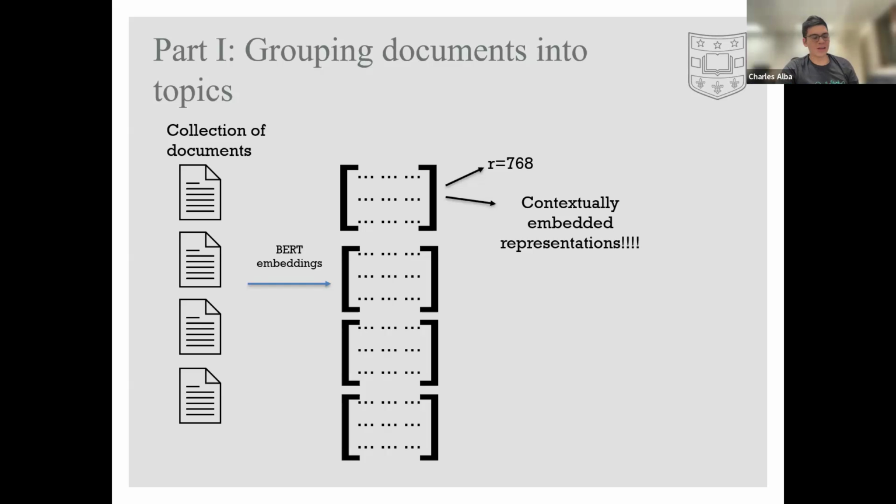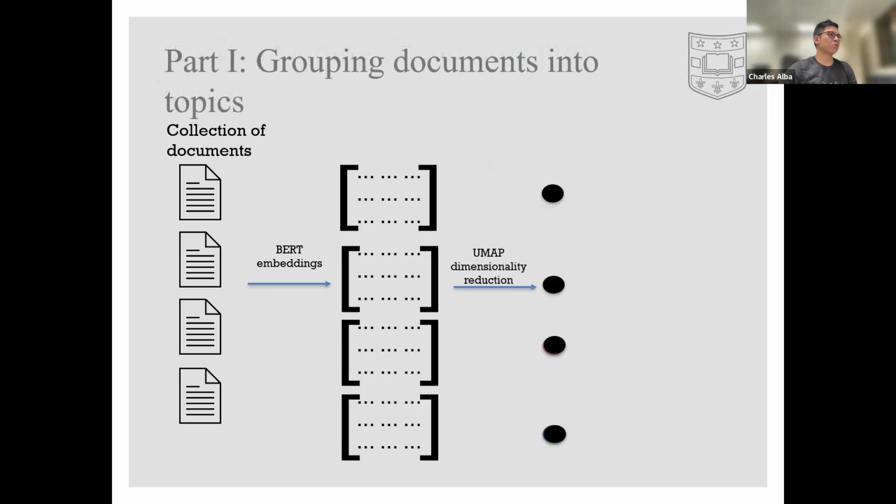All right. I just want to explain to those who might not be familiar with the large language model setup. Got it, thank you so much. So when you pass it through the BERT embeddings, you get contextually embedded representations. These already have context in them, so it understands the entire sentence, how the words relate to each other, etc. The problem is that they're very large, so we use UMAP dimensionality reduction.